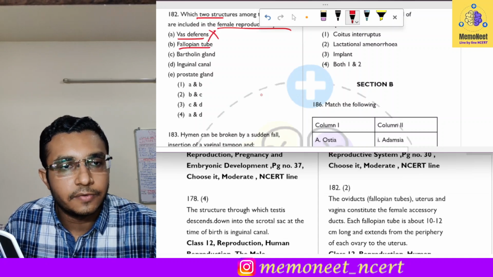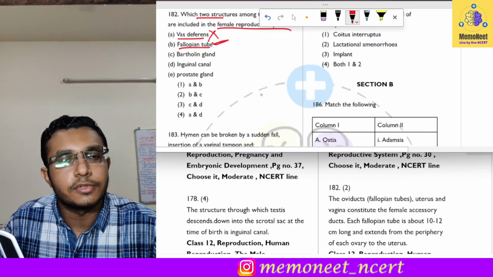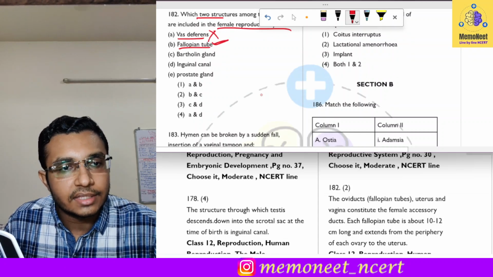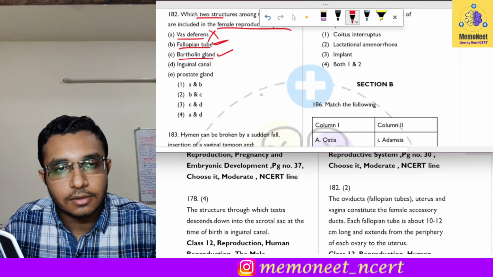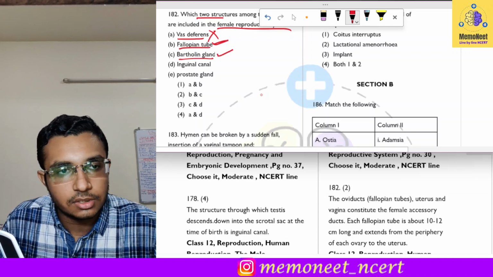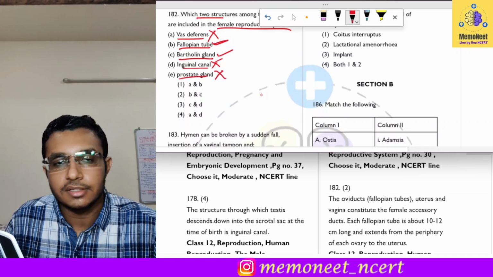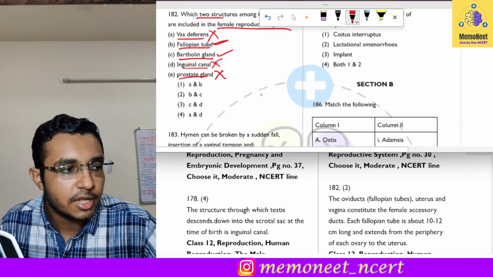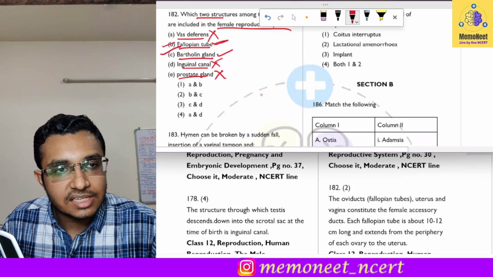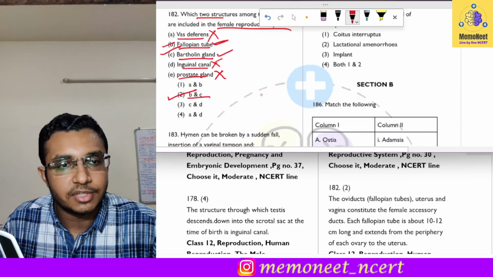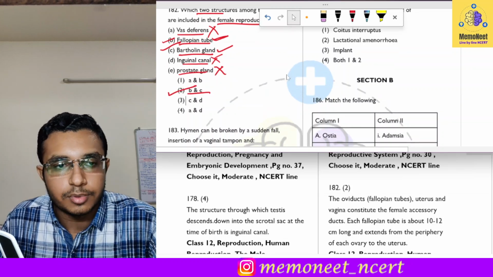Then second is fallopian tube. So fallopian tube belongs to female reproductive system, that is correct. Then Bartholin's gland is a part of female reproductive system, so that is also correct. Inguinal canal is a part of male reproductive system, and prostate gland is also a part of male reproductive system. So among these, B and C are a part of female reproductive system. Therefore the correct answer of this question is option 2.